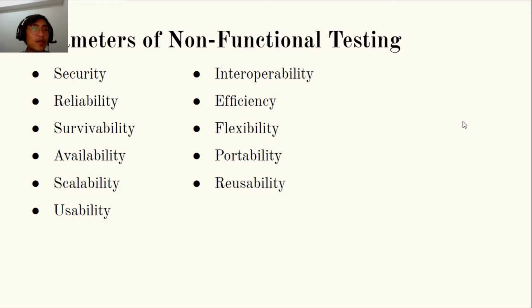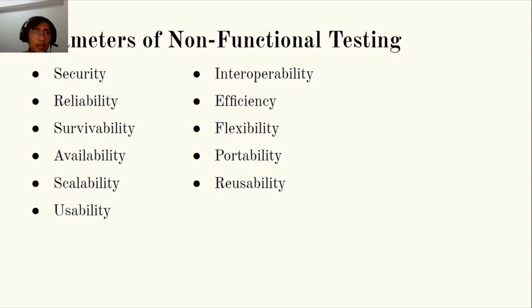Firstly is security. This parameter defines how a system is safeguarded against a deliberate sudden attack from internal or external sources. This is tested by security testing. Next is reliability.